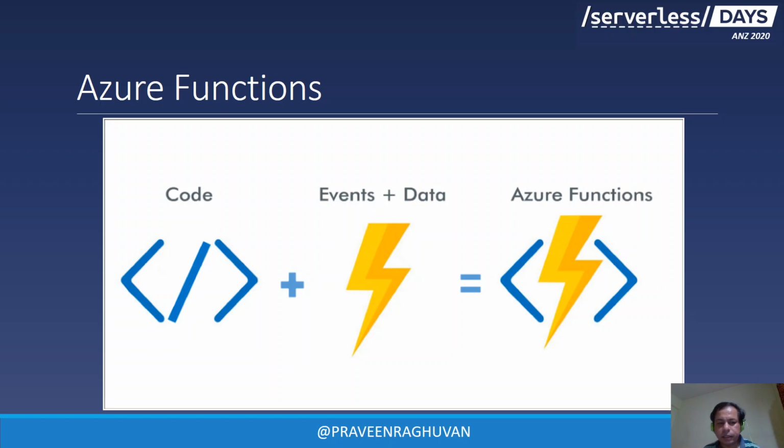In our case, the event is you uploading an image to a server. So here it will be a function where you are uploading the image, the image is acting as the data, and the code that you have written to classify the image is acting as the code part. Once you combine these two things, you get the Azure Functions here.